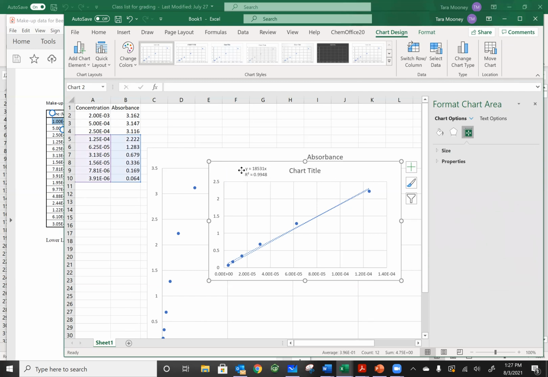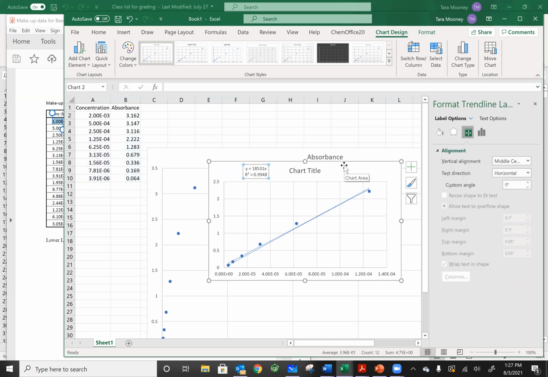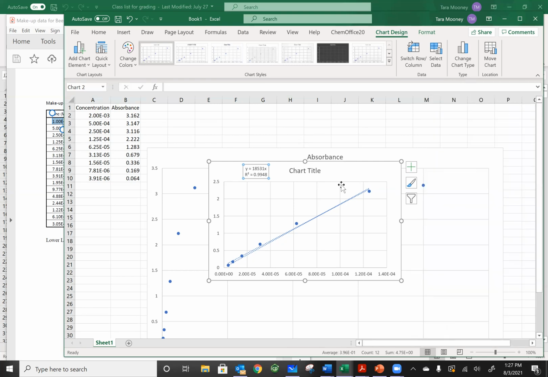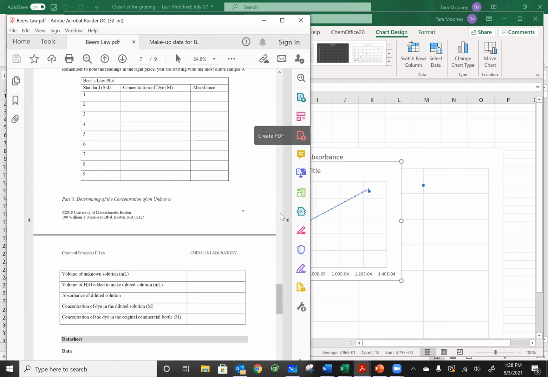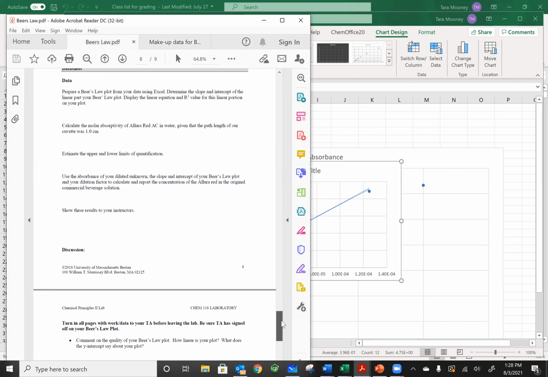All right, so now we have our equation of our line, and the equation of the line is what we are going to use to find our unknown. Okay, so let's go back to this guy.